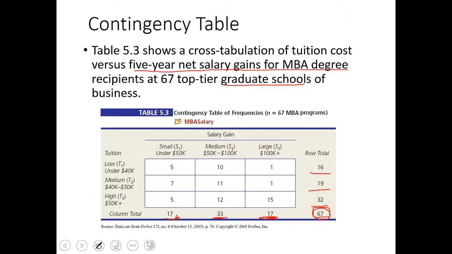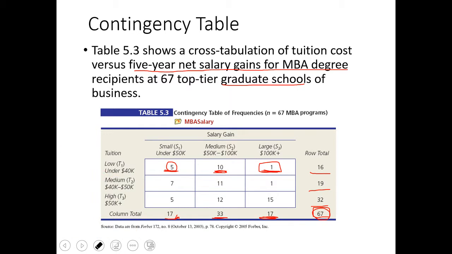And the schools with low tuition and low salary number 5. Low tuition and medium salary is 10. Low tuition and high salary, the number of this case is 1.